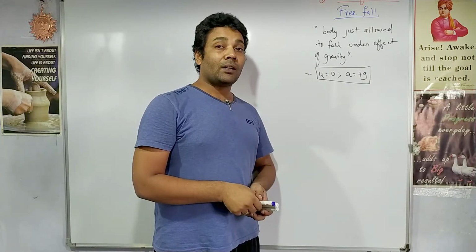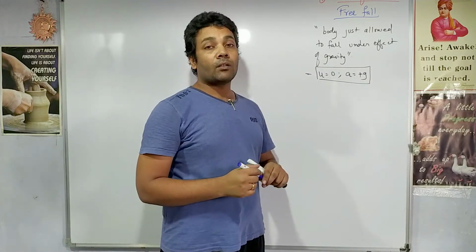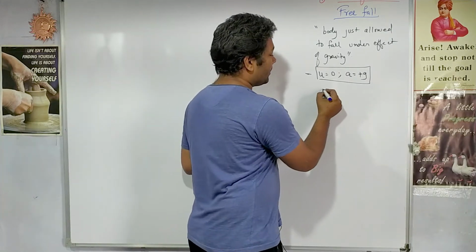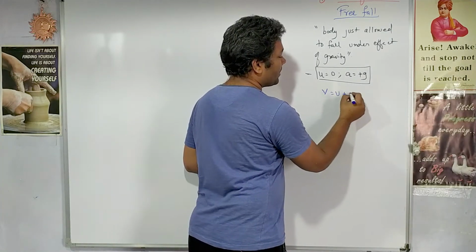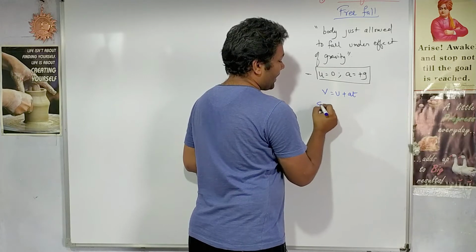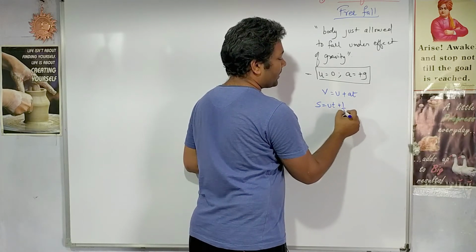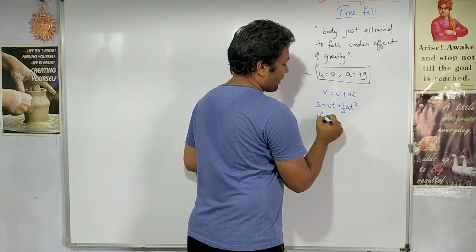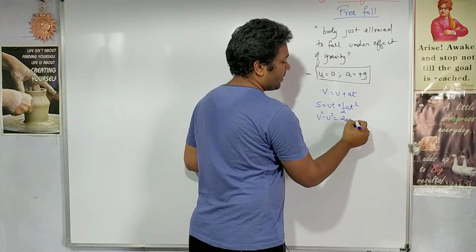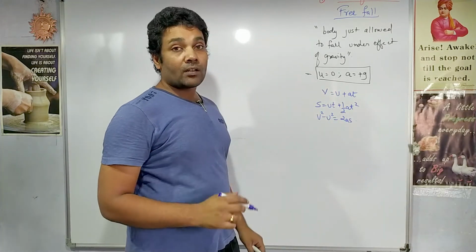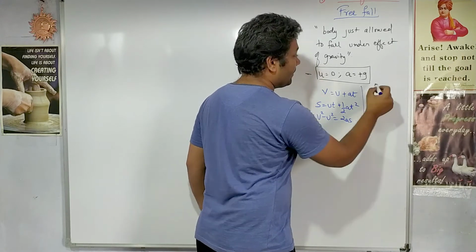Now, how do you calculate numericals based on the free fall? You know there are three equations of motion: v = u + at, s = ut + half at square, v square minus u square = 2as. Now how do these equations get modified under a free fall?